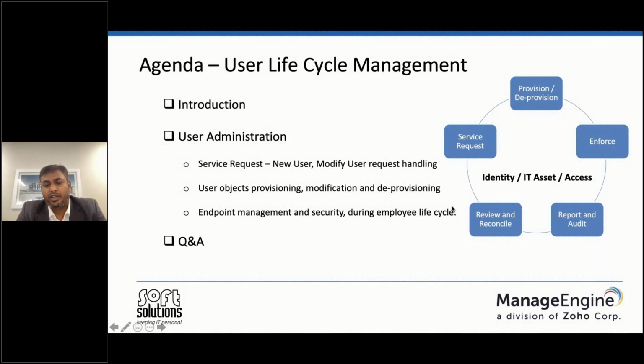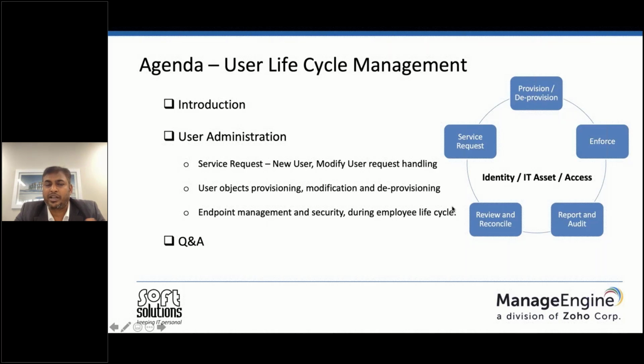You should be able to see on the right side we have service request, where provisioning or deprovisioning generally happens. This is a process that's followed by any organization. Then enforcing identity or IT asset access to a particular department, file and folder permissions, a network share, or certain privileges.